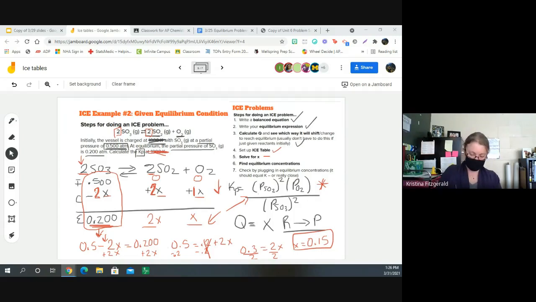The pressure here for SO2 is going to be 2 times 0.15, so 0.3 atm. And the pressure of O2 is just x at equilibrium, so that's going to be 0.15. The blue stuff here is your final answer of your pressures at equilibrium.